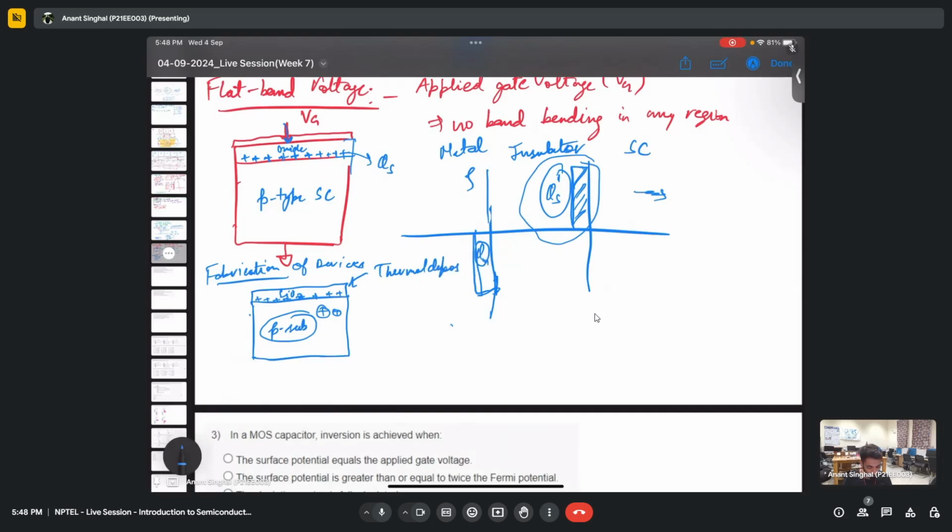Sir, how does the positive charge come? Let's say we have a wafer which is p-type doped, so everywhere we have a very high Na concentration, or positive holes.